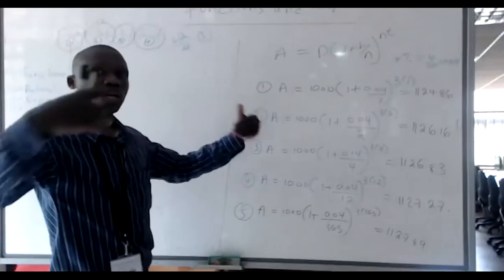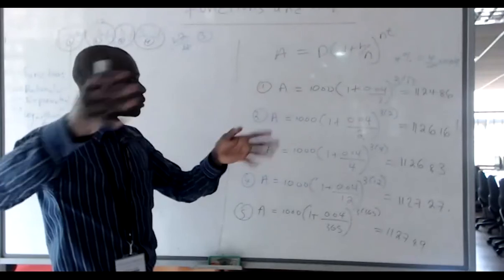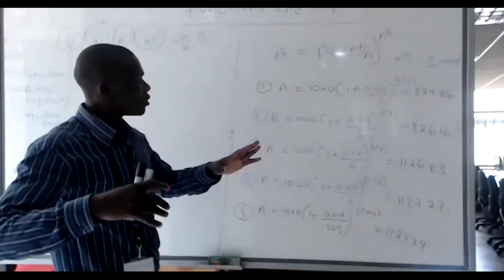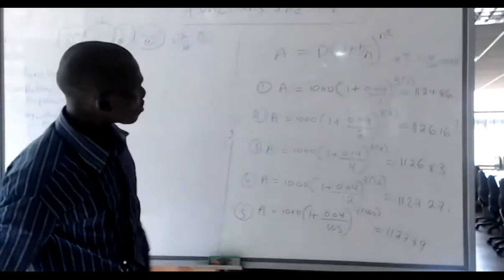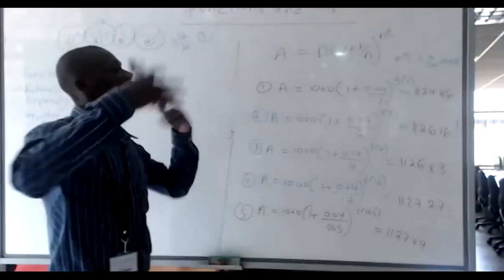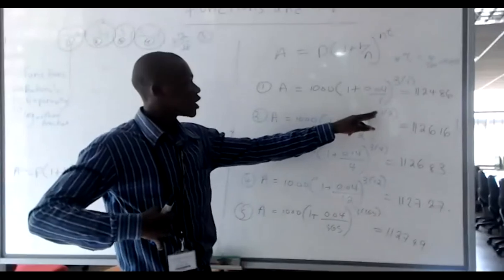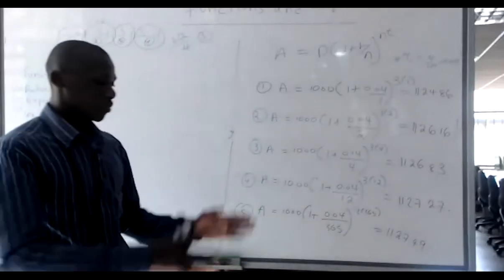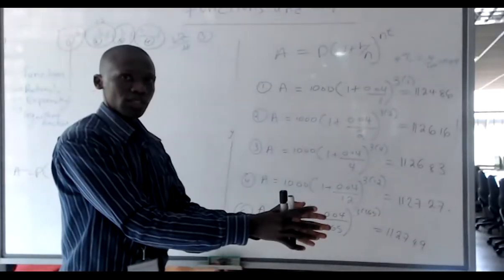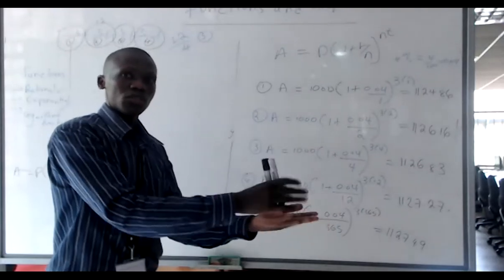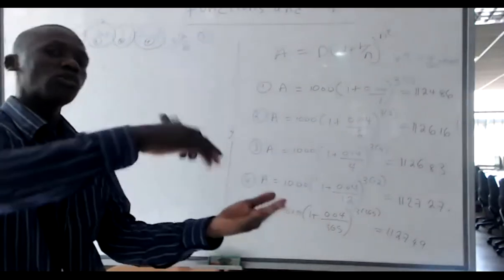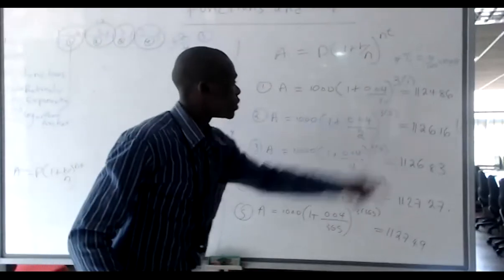In 3 years, 6 months periods will give you 3 times 2, which is 6 periods. So the first 6 months interest earned, add to the principal, use it for the next period, and do that for 3 years.